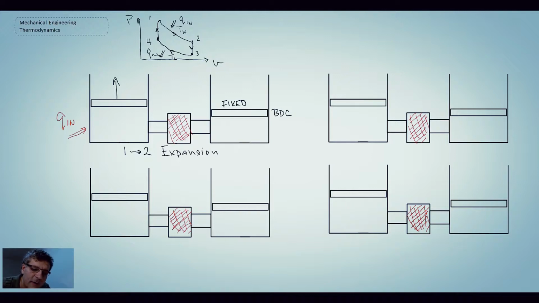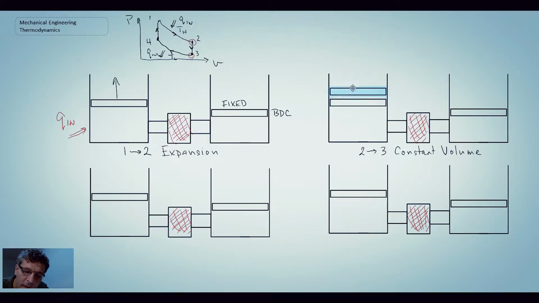The next step that we'll look at in our PV diagram is going from 2 to 3, and that will be the constant volume process that we will show here. So what I'll have to do now is place my pistons within the cylinders so that they're at the correct location. To begin with, the hot should be at top dead center.